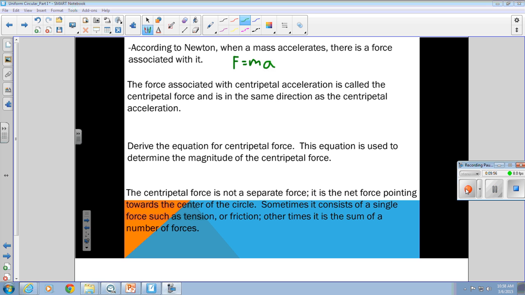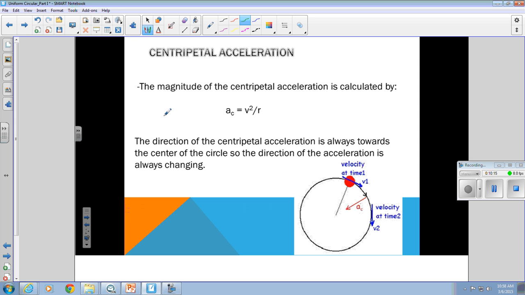And if we wanted to know what the centripetal force is, it's calculated using the mass associated with it, and we're going to want the centripetal acceleration. Well, if we back up and think about what centripetal acceleration is, that's the velocity squared over r.